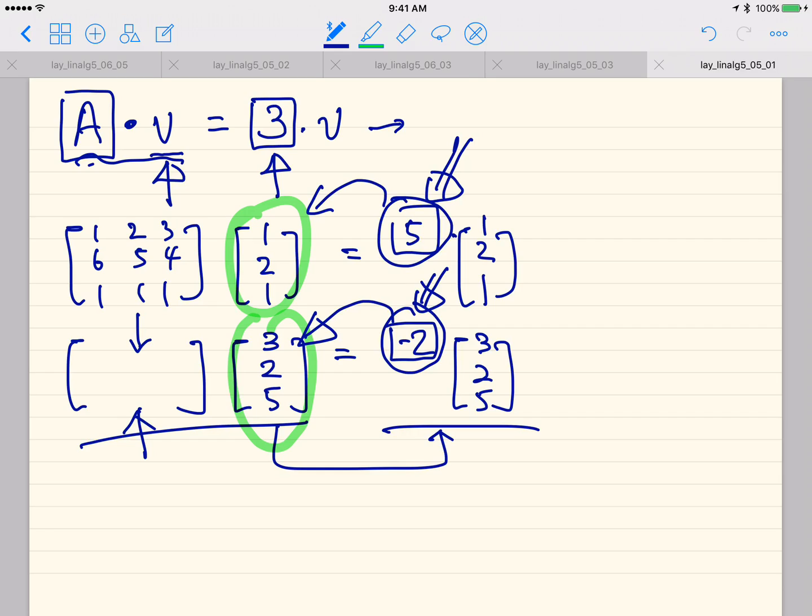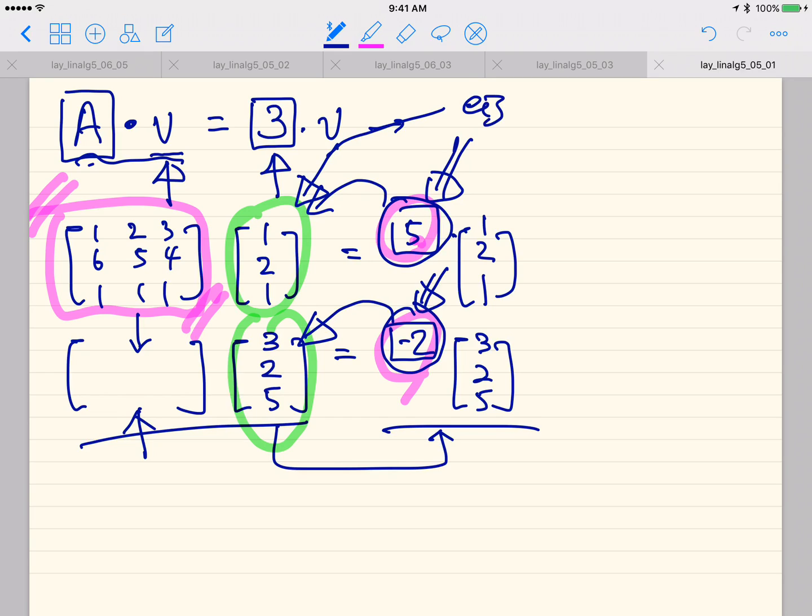Given the same matrix, in general you can find multiple such vectors satisfying that relationship, but each different vector may be associated with a different scalar multiple. So that is the initial problem setting of eigenvalue and eigenvector. This special vector is called an eigenvector, and this value is called an eigenvalue.